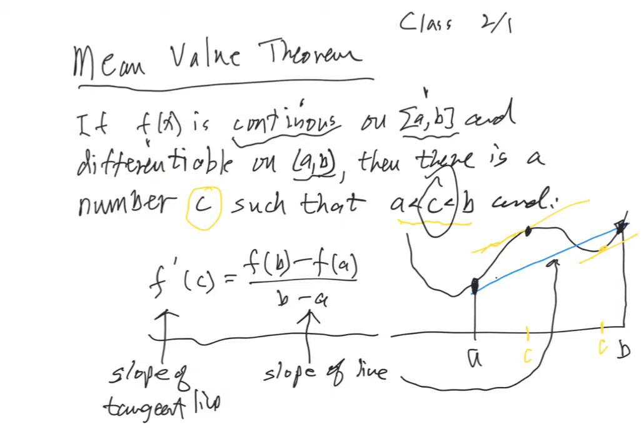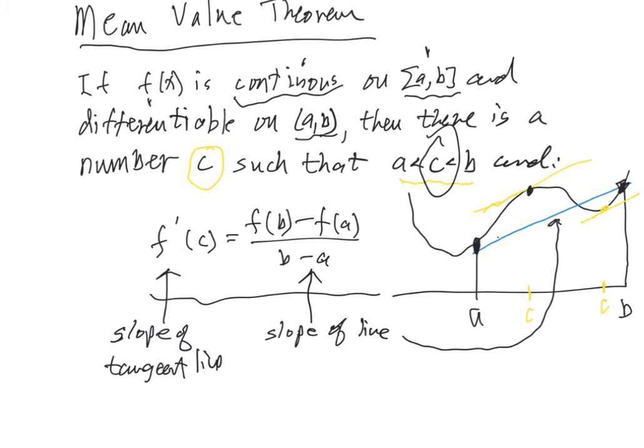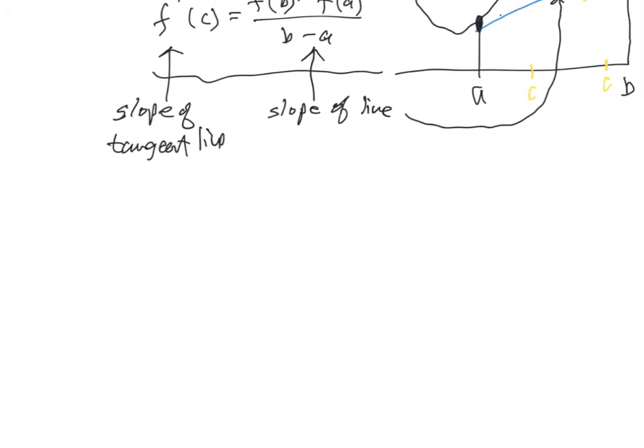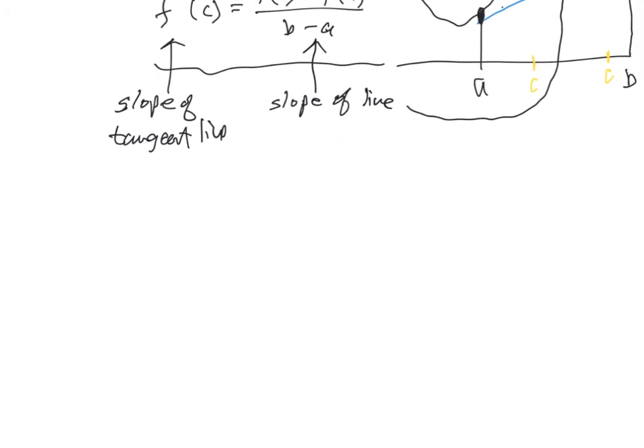Now, if we lose differentiability, the theorem may not be true. And let me just give you a graphical example. If we take a function that does not have a derivative at a point, let me draw that in black.